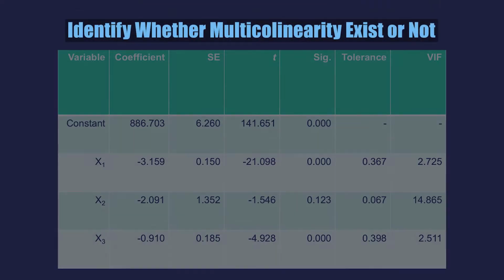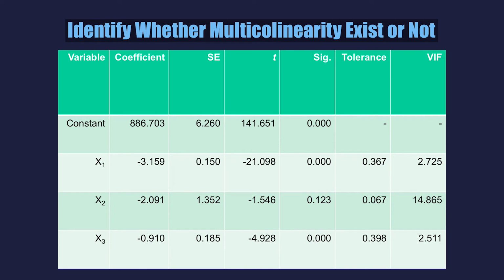So this particular table, or this particular result, actually identifies whether the problem is there or not. We observe that x1, x2 and x3 are the three independent variables. For x1 and x3, we find that the VIF is 2.72 and 2.51 respectively, and they are less than 10.